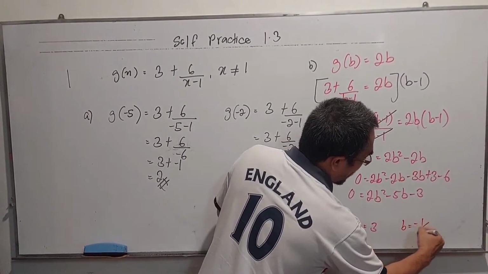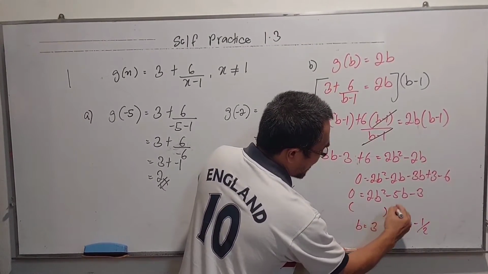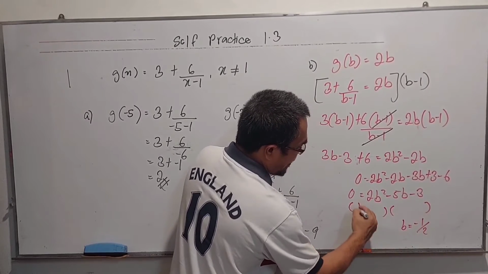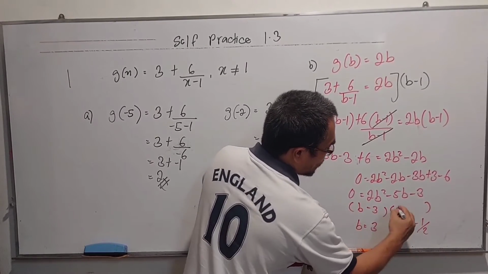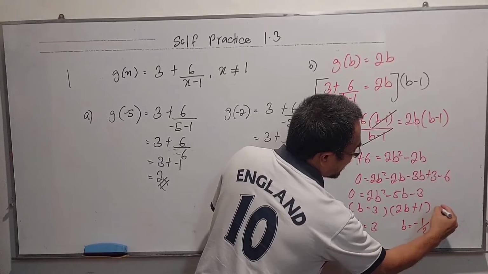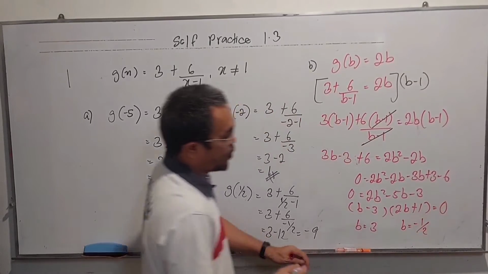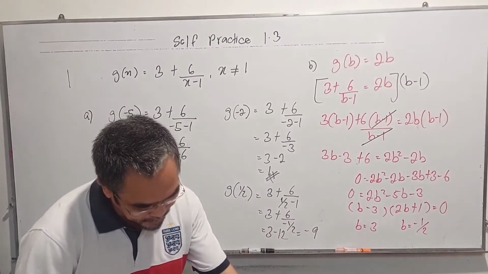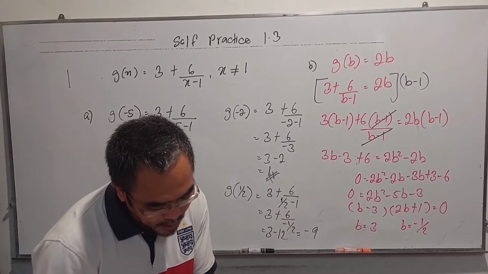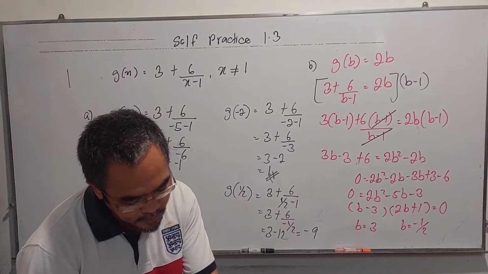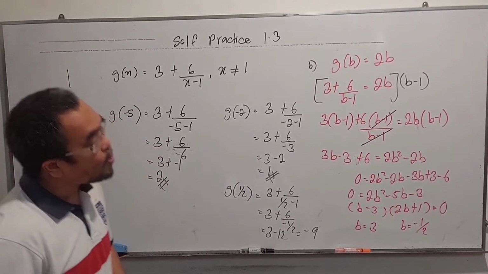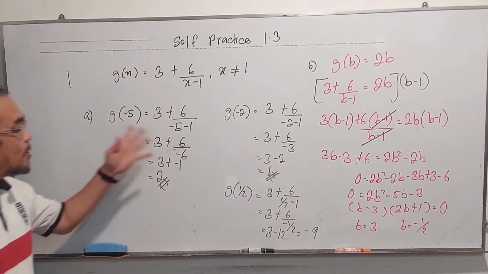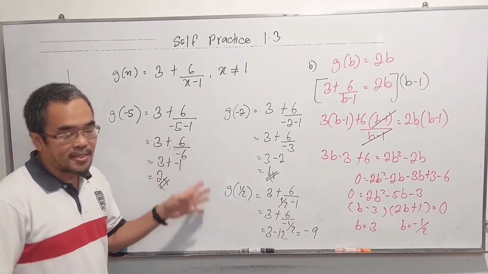So the factorization will be (b minus 3)(2b plus 1) equals 0. So that's how you get the values of b. Let me check whether the answer is correct. Okay, negative 1 over 2 or 3. Is there any question you want to ask about this?